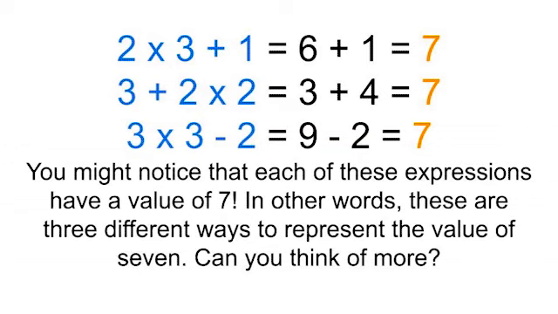That's because there were 7 dots in that picture that I showed at the beginning. And you'll see that the number 7 can be represented lots of different ways, and this is true for pretty much every other number. And we're going to use this fact to help us solve this problem up next.